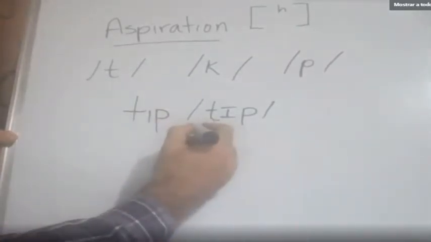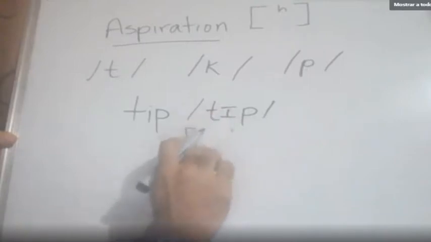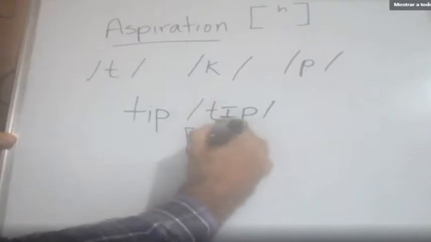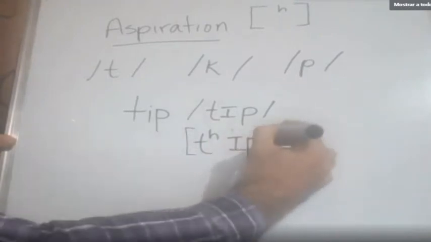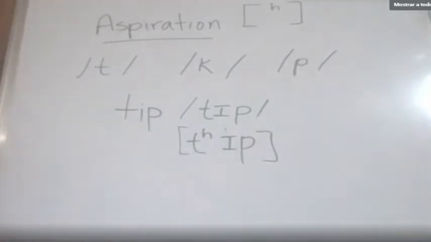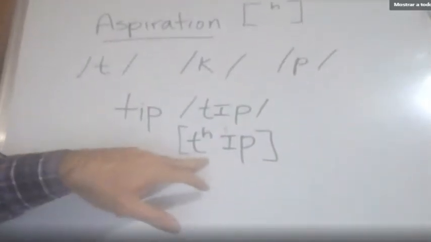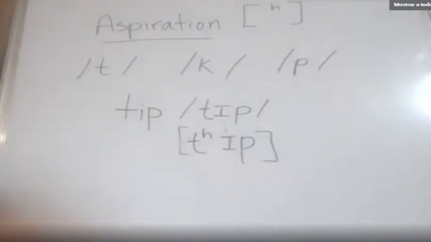However, including the details, the sound, since it is word initial, gets aspirated. Okay? Tip. So now we have this example. Tip. It is aspirated because it is word initial.